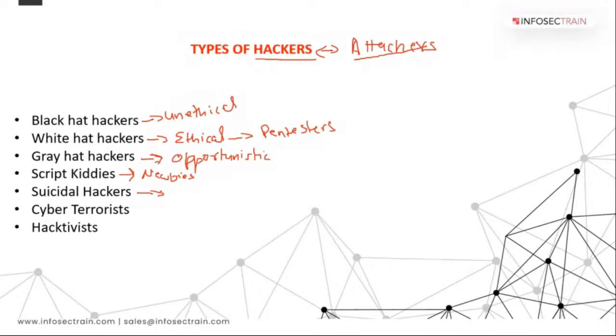So those are suicidal hackers that do not hesitate because of the outcomes of getting caught. If they are traced back, or if they are caught, what will happen? They do not hesitate doing that task as well, right? So those are your suicidal hackers.